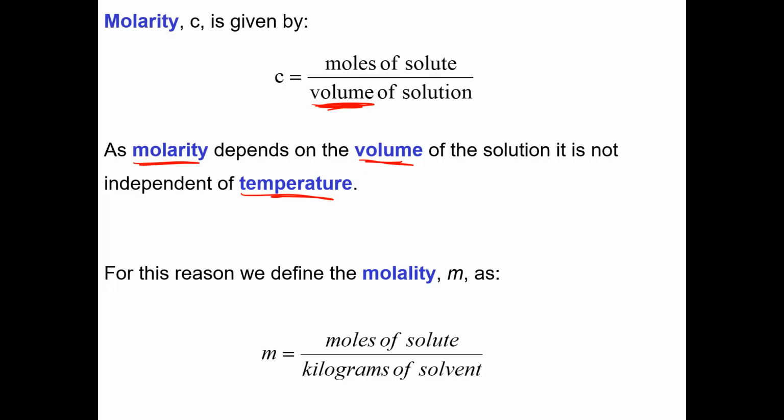So when we're talking about freezing point depression and boiling point elevation, we're going to be using molality, which is normally given the symbol lowercase m, as our unit of concentration. And the reason for this is because molality is given by the moles of solute divided by the kilograms of solvent, and neither of these two quantities varies with temperature. The number of particles doesn't change with temperature, neither does the mass of the system.